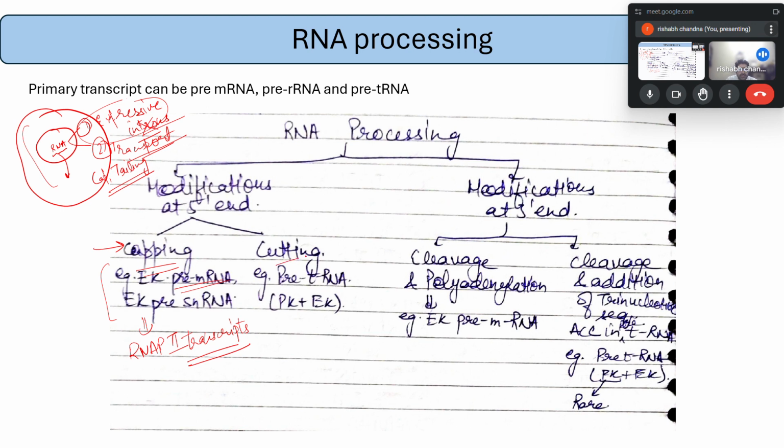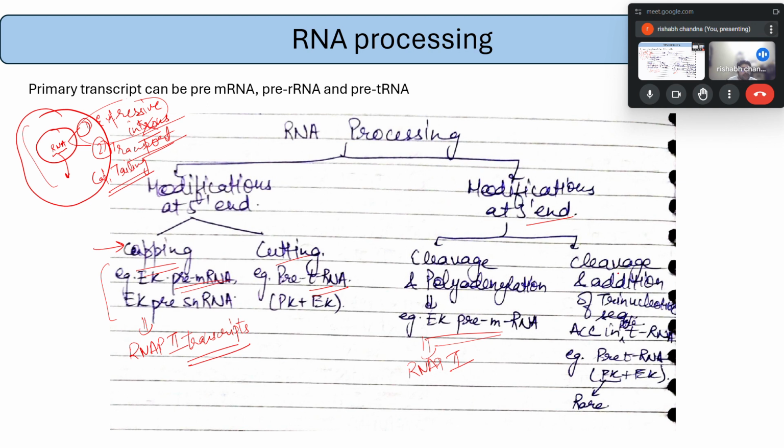Then we have cutting. This is only seen in pre-tRNA, because tRNA processing requires the cutting of different regions to make a functional secondary structure. Then we have the modifications at the 3' end. This gives cleavage and polyadenylation, which is seen in eukaryotic pre-mRNA. This is also a feature of RNA polymerase 2 transcripts only, because of the recruitment of specific enzymes.